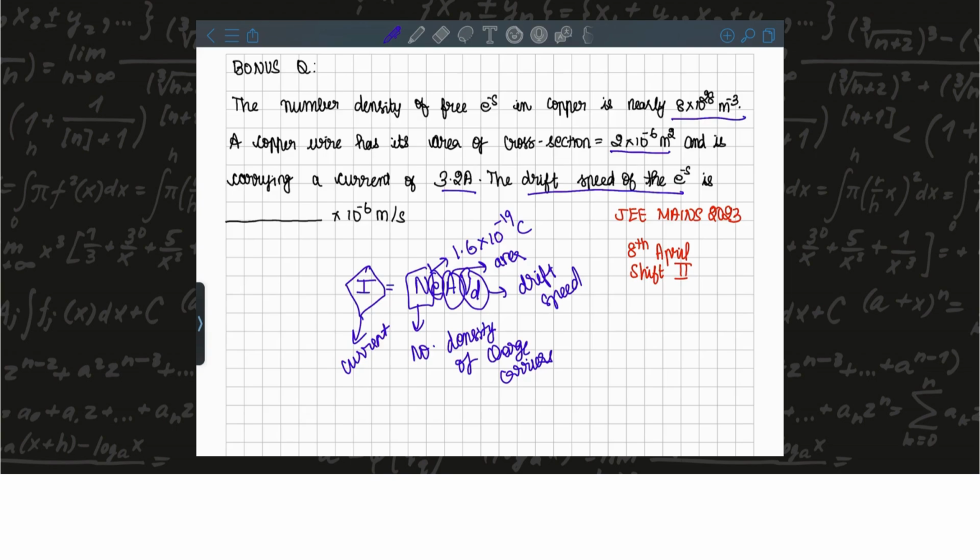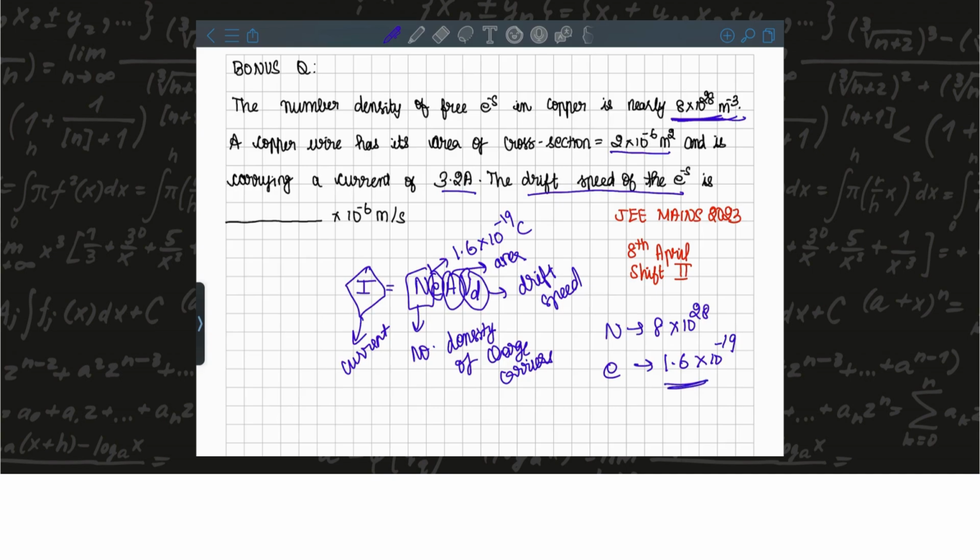So they have given in the question the number density n is equal to 8 into 10 to the power 28. The number density of free electrons in copper is nearly this one. And E is 1.6 into 10 to the power minus 19. This is the charge of a single charge carrier.